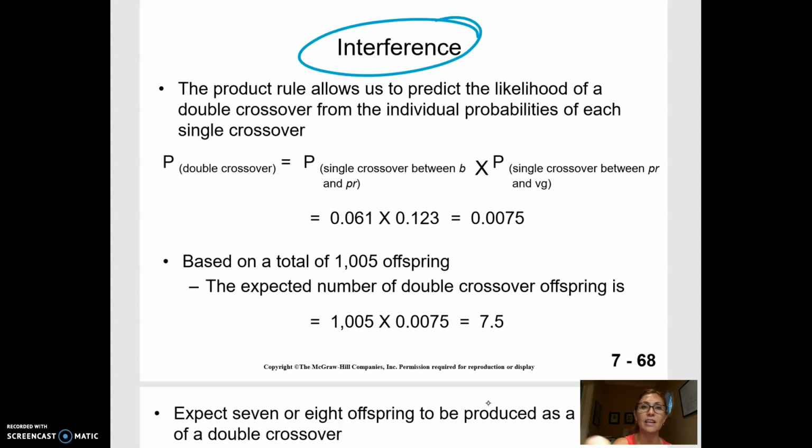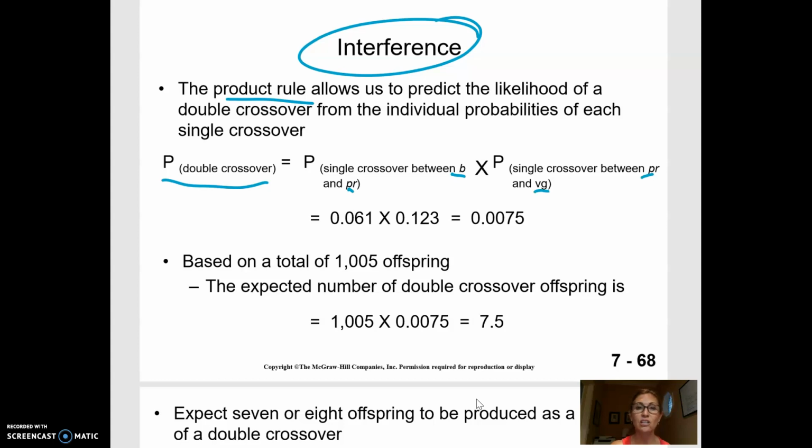The inferences and the product rule. Since we didn't follow this, and since in this particular course the outcomes don't require that we do a whole lot of statistics, basically we'll just review this real quick. The probability of a double crossing over equals the probability of a crossing over between B and PR and VG.